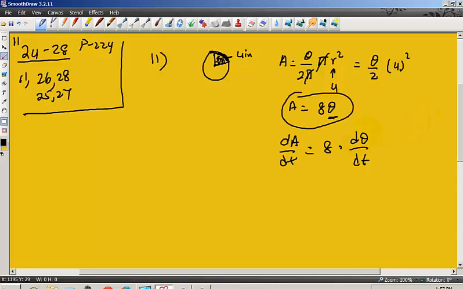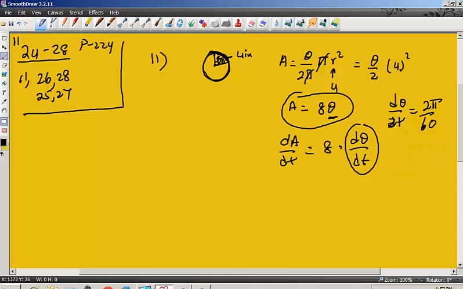Alright, so Kara, you got to this point, you couldn't figure this out. Okay, it's a minute hand. So to go all the way around the circle, how many minutes does it take? 60. So d theta dt is going to be 2 pi over 60.